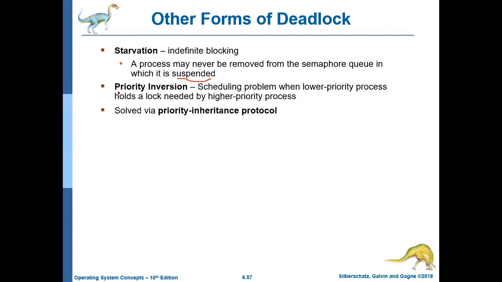That is known as priority inversion. Priority inversion means the lower priority task effectively has higher priority than the actual higher priority task. It is solved by a priority inheritance protocol that we are not even going to study. We are skipping this part.